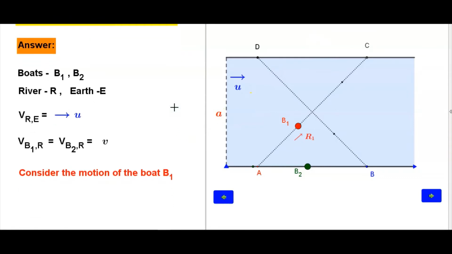Consider the motion of the boat B1, the red colored boat. From A to C it moves with velocity, let's say R1, then from C to D it moves with velocity R2, relative to Earth.